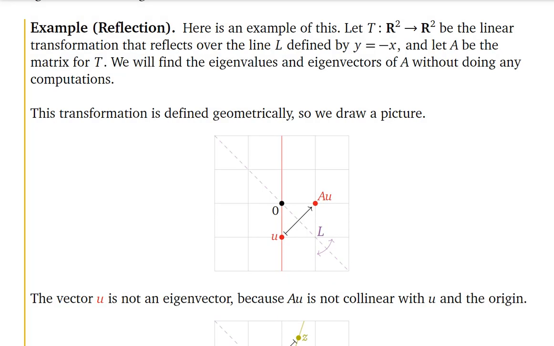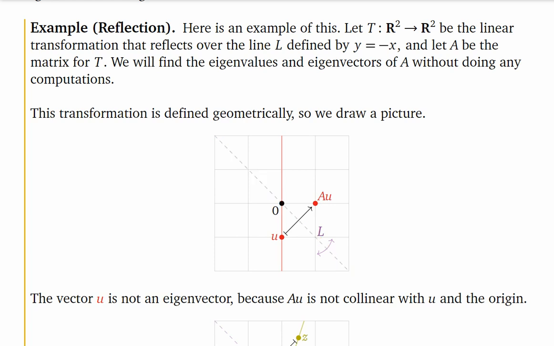Finally, before I do some examples, I will say that you should definitely take a look at the examples in the book. Several of them are interactive, and they show you what's going on here. For example, here is a reflection about this dotted line, which is the line y equals negative x.